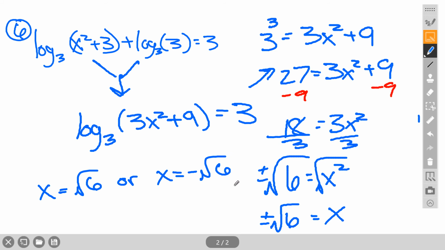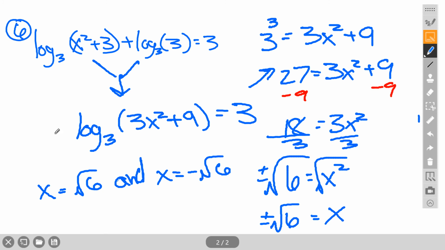And it actually looks like both of them will work here, because neither of them is going to give a negative in the logarithm, because square root of 6 squared is 6, and negative square root of 6 squared is 6 as well.